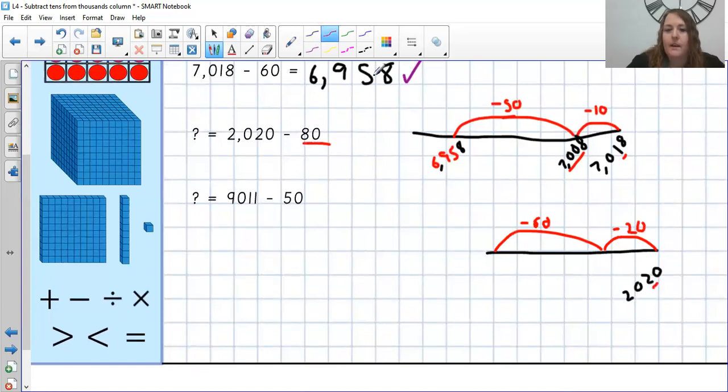So 2,020 take away 20 will be 2,000. And I should have put my commas in there. There's probably some of you at home saying, Miss Fowler, you've forgotten the commas. And then I'm going to take away the 60. So again, I'm spotting that it's 200 here, and I'm going to be taking away 6.